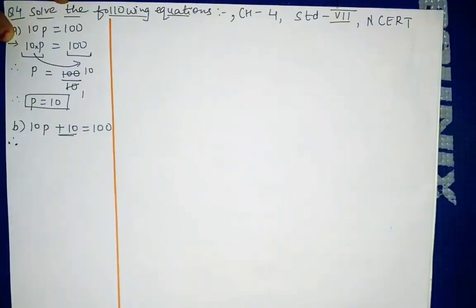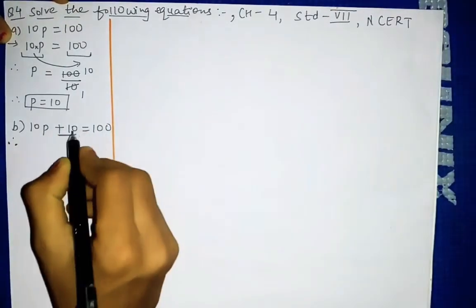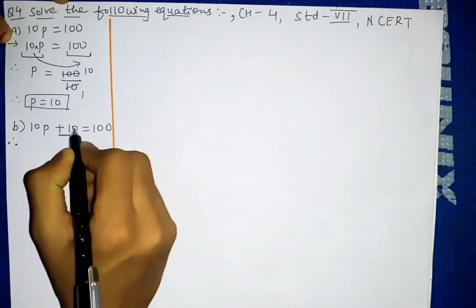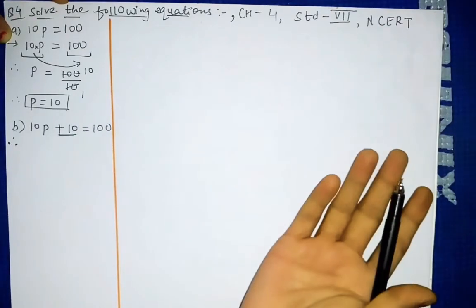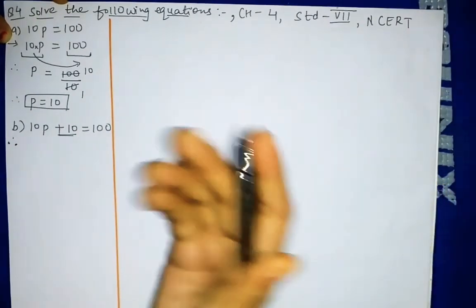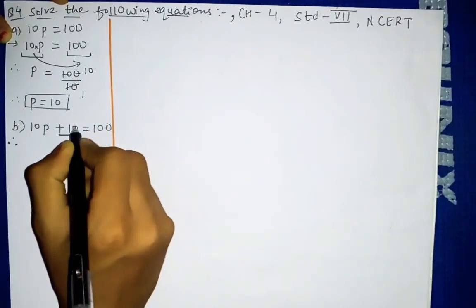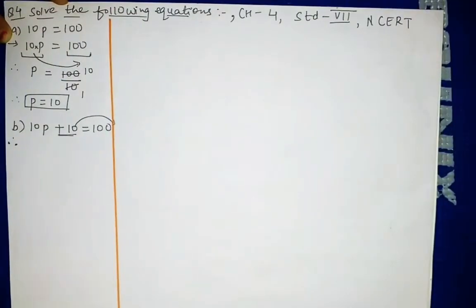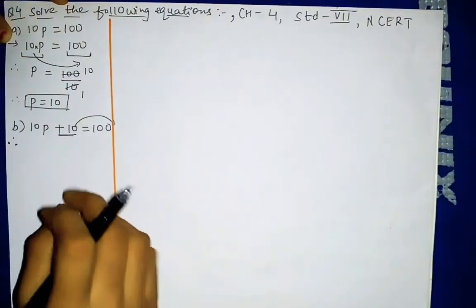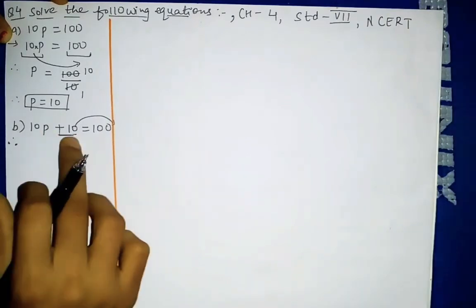This plus 10 is in plus, so what is the opposite of plus? Minus. This plus 10 term we will take to the RHS part, because on this side we want only the variable. So step by step we will remove it.